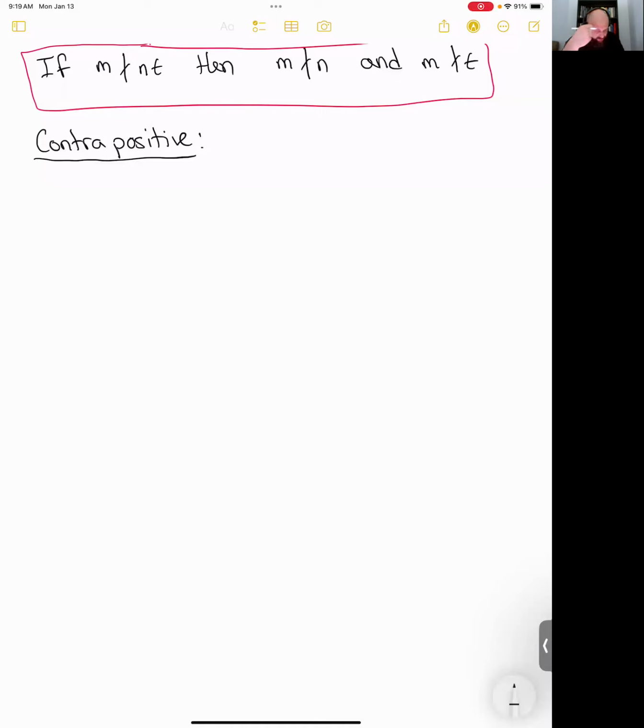So it would be difficult to try to do it this way, but the contrapositive is a little bit cleaner. It says if m divides n, the and becomes an or, right? Or m divides t, then m divides n times t. So we're going to prove that statement, right? So, okay, here's the proof.